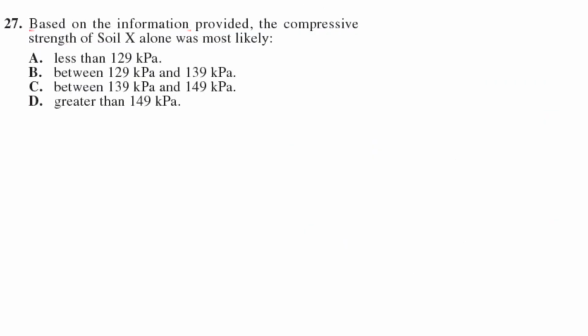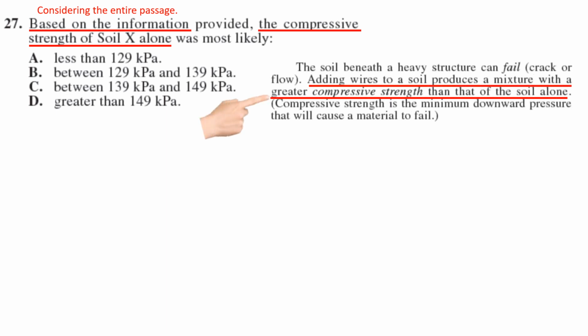Number 27, based on the information. This is tricky. It doesn't tell us where to look, so we're considering the entire passage. The compressive strength of soil X alone, so we're just wondering what soil X alone is, and it tells us adding wires to the soil produces a mixture of greater compressive strength than the soil alone. So when we add wires, the soil is sturdier.